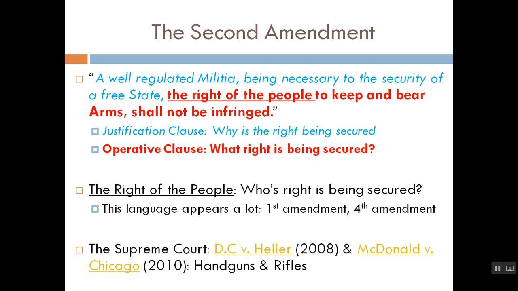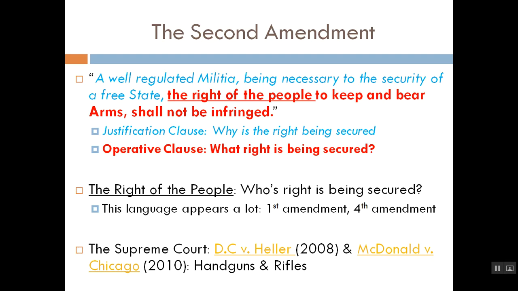Now, the city government in Washington, D.C. says that it's not a violation of the Second Amendment because the Second Amendment only applies to, and I quote, a well-regulated militia, according to their perspective. They point out that Heller was not a member of any militia, and he wanted to use the firearm for self-defense, not for any militia-related purposes.